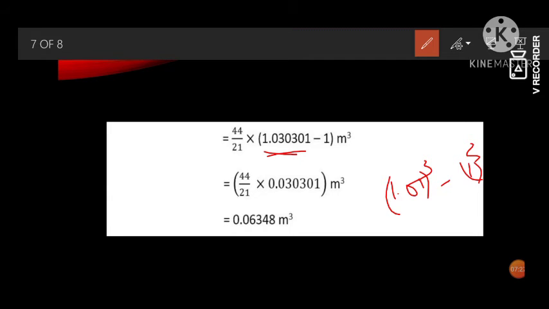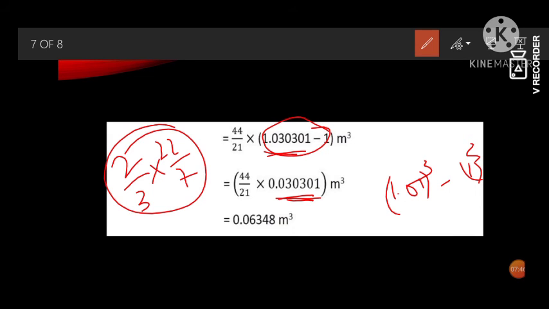So on subtraction we will get this portion as 0.030301, and prior to that there was 2 by 3 into 22 by 7, which is equal to 44 by 21. So on total multiplication and then dividing, we will get 0.06348 meter cube. This is the volume of the iron that is being used in the question.